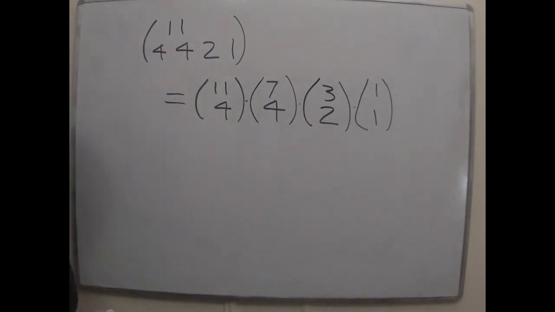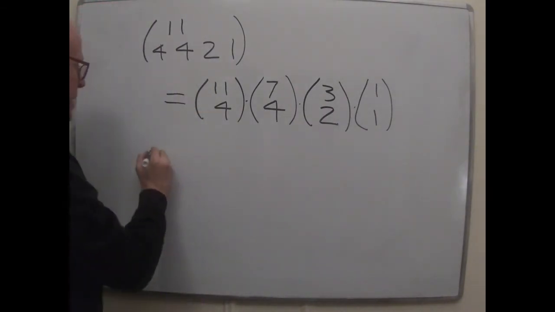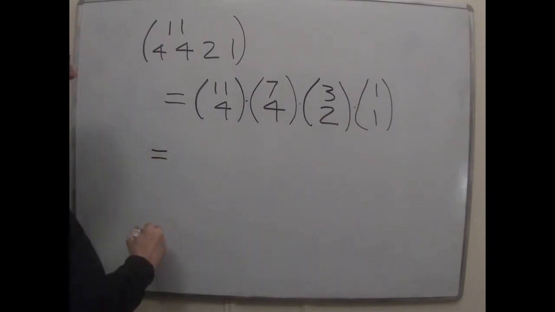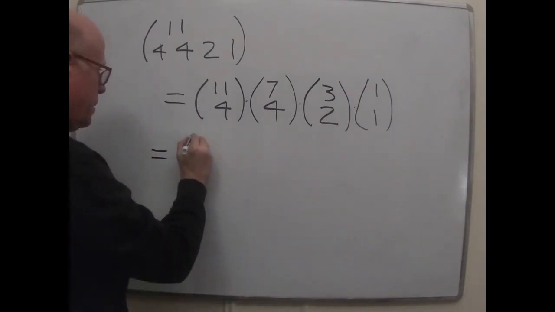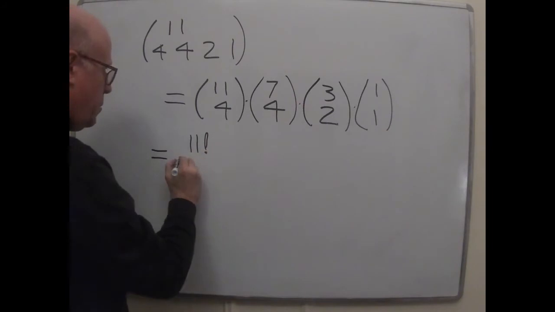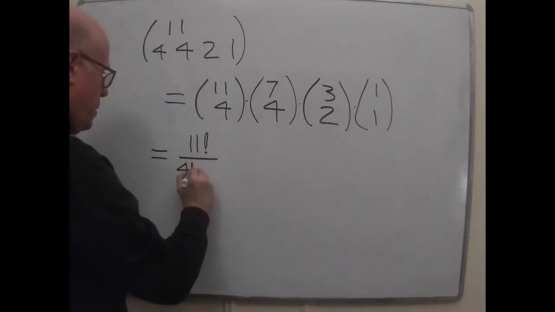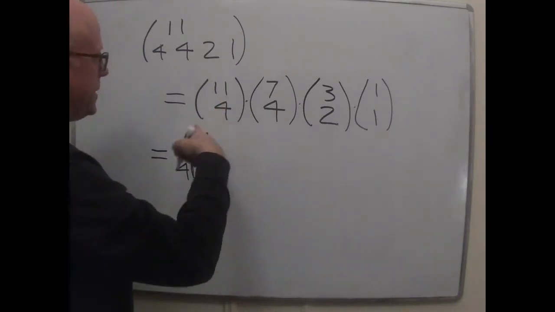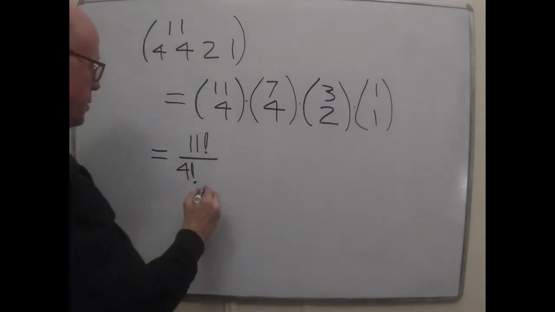Now, well, let's write it out in terms of the definition of the binomial coefficients. The top of the first one is 11 factorial, and in the bottom we have 4 factorial, and the difference, which is 11 minus 4, 7 factorial.